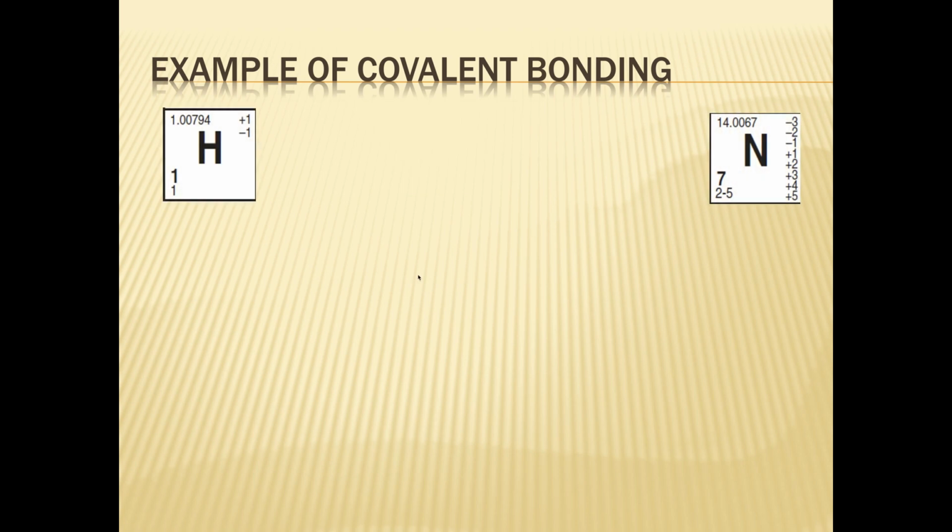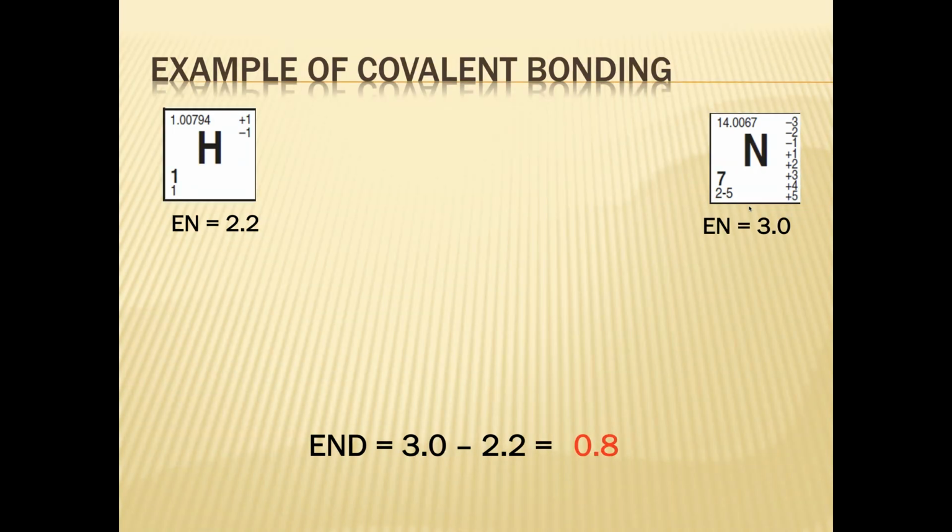Here's another example. Hydrogen has 1 electron to lose. Nitrogen needs to gain 3 to make a stable octet. But once again, the difference is not great enough for a transfer of electrons. So they'll have to be satisfied with sharing their unpaired valence electrons.